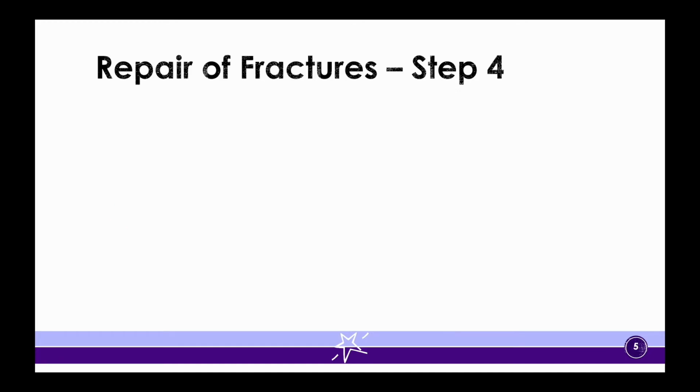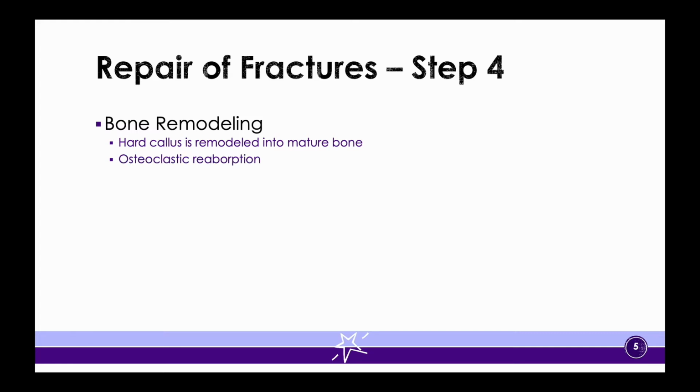And then we have our fourth step, which is the bone remodeling phase. And here, the hard callus is remodeled into mature bone. So what once was joined together in what we saw on that last page, in which you can still see where the fracture was, it starts to remodel into a new mature type bone and actually is more smooth in nature.